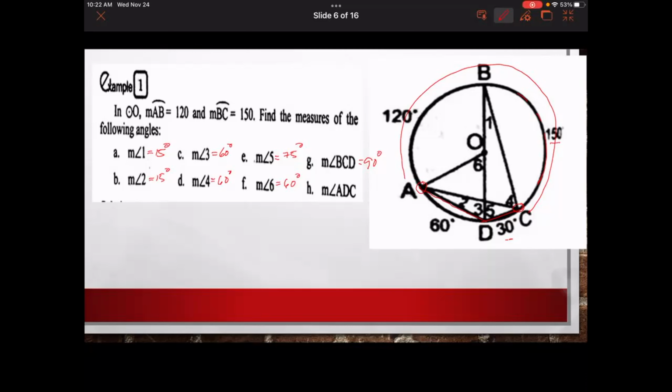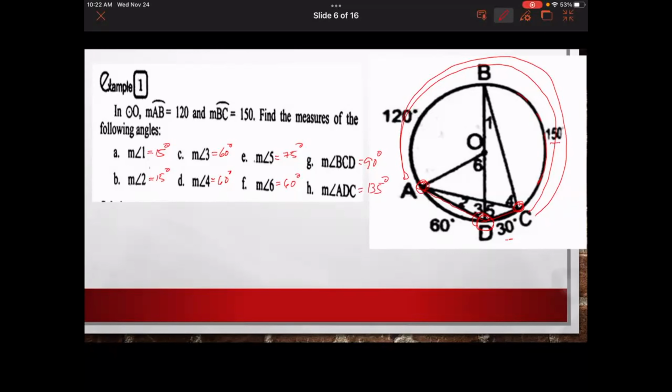ABC tayo. This is what we are getting, the letter D. The endpoints are A and C. So, the arc covers starting from A, going to B, going to C. So, therefore, what will be the answer? Yes, Ballester. 135 po. How did you get 135?